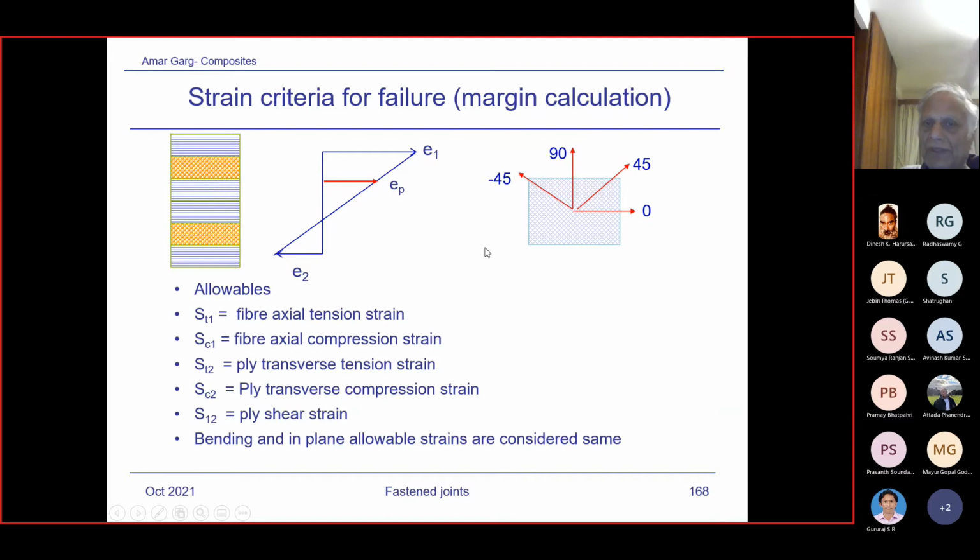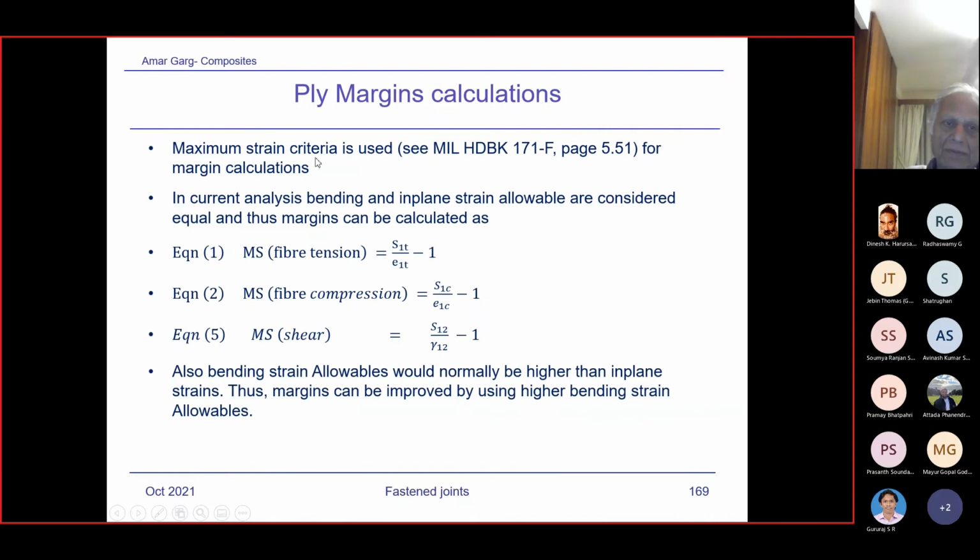So normally when we are doing the analysis, we will analyze the strain in 0 degree direction, strain in 45 degree direction, strain in 90 degree direction for each ply, and strain in minus 45 direction, because the strain could be higher in this direction or this direction for fiber. So we calculate the fiber strains in each direction and then determine the minimum margin. So maximum strain criteria is used.